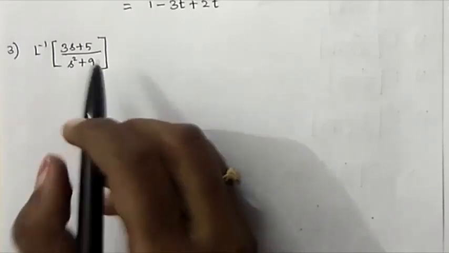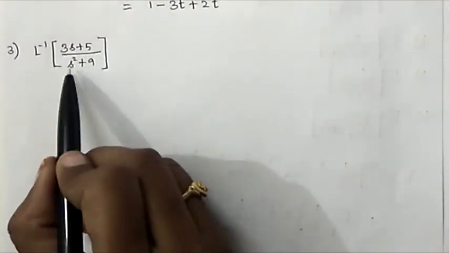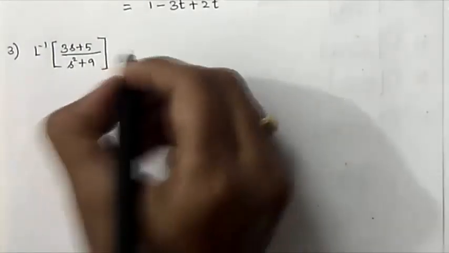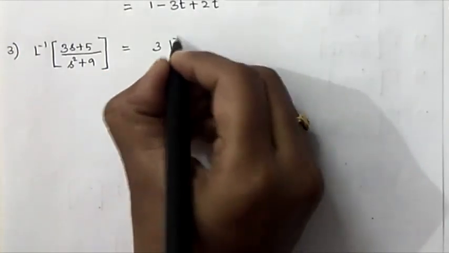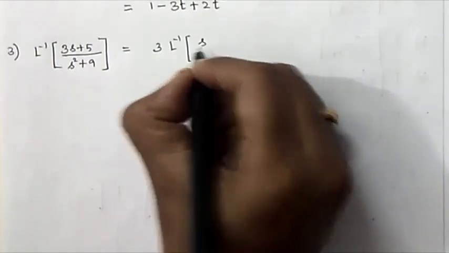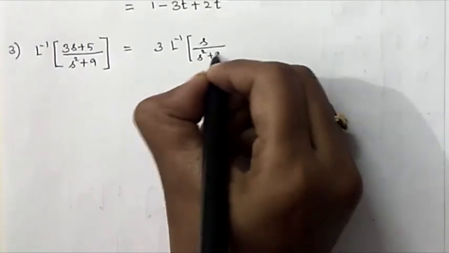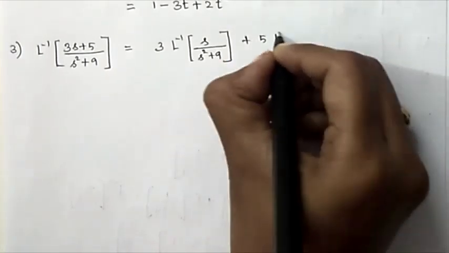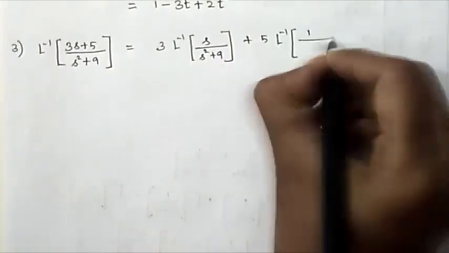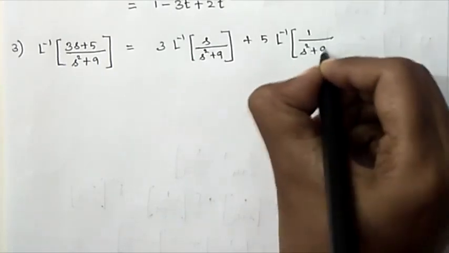The third problem, L inverse of 3s plus 5 by s square plus 9. I will again apply the linear property first. So 3 times L inverse of s by s square plus 9, I am splitting the numerator, plus 5 times L inverse of 1 by s square plus 9.